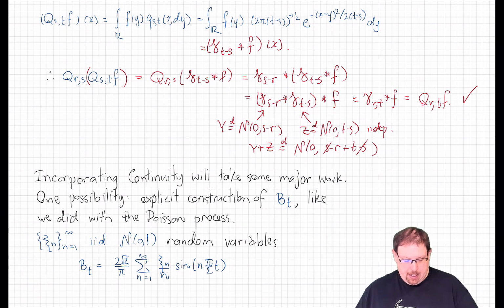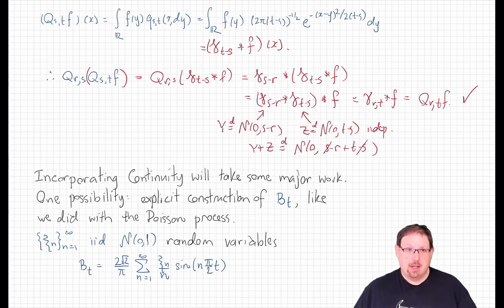If you take an infinite IID sequence of standard normal random variables and take this series in them, that is Cn over n times this trigonometric function appropriately renormalized, that sum will be a stochastic process, Bt, which has all three properties that Einstein posited. It will be a Markov process with these transition kernels here, and its paths will be continuous.